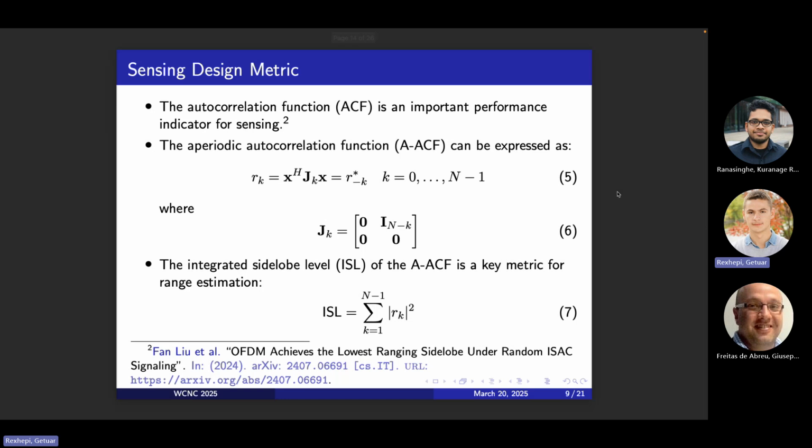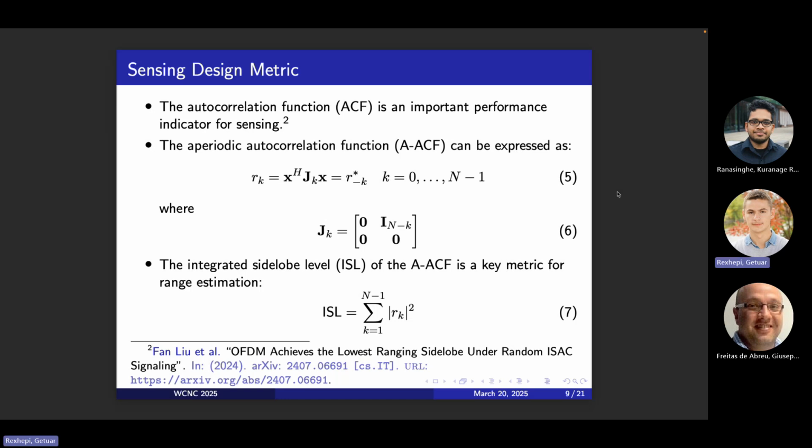Now, usually from the communication perspective, we always measure our performance using some performance metric, usually sum rate or signal to noise ratio. In the sensing community, however, the autocorrelation function, coined as ACF, is an important performance indicator.